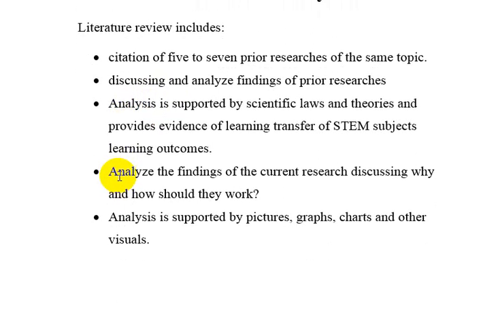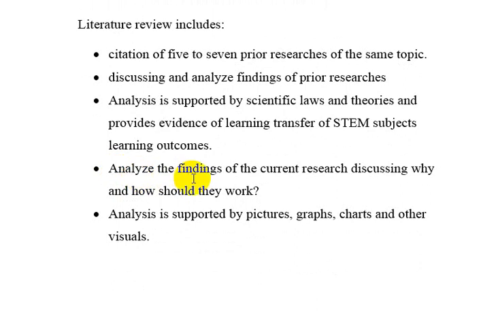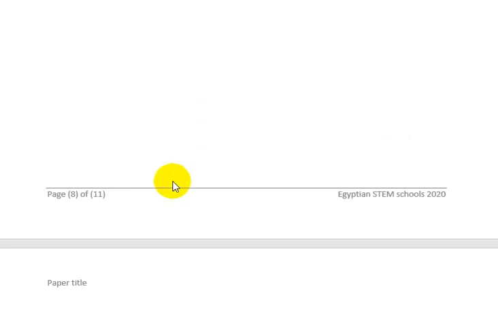And then we should analyze the findings of the current research, discussing why and how they work. Our analysis should be supported by means of pictures, graphs, charts, and other visuals. Why? These are going to make our work easier, interesting, readable, and understandable.